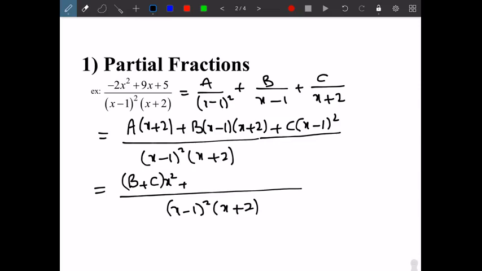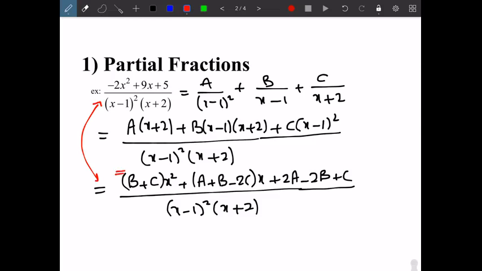Then the terms in x: we have an a from the first term, a 2 minus 1, so that's a, 1b from the second term, and a negative 2xc, so that's minus 2c from the third term. While for the constants, we have 2a minus 2b plus c, if we basically were to expand and group similar terms. So these being equal, having the same denominator, then the numerators are equal again.